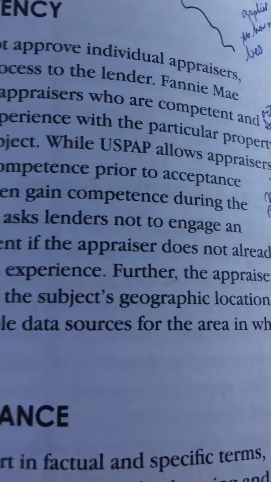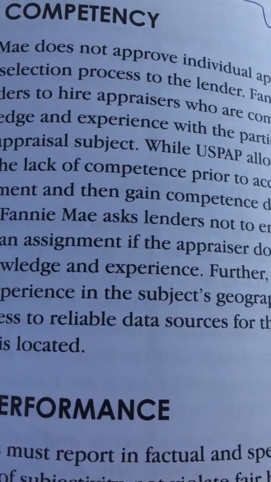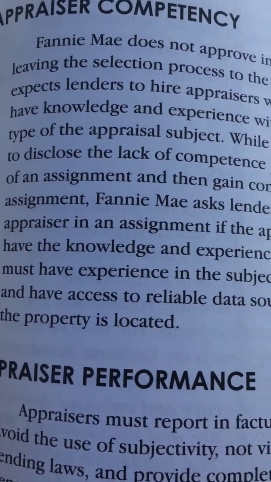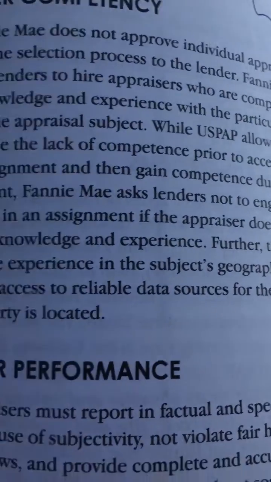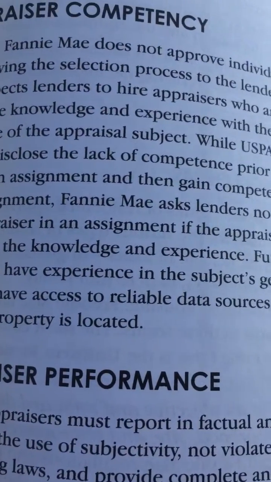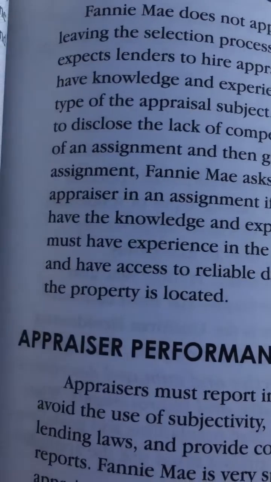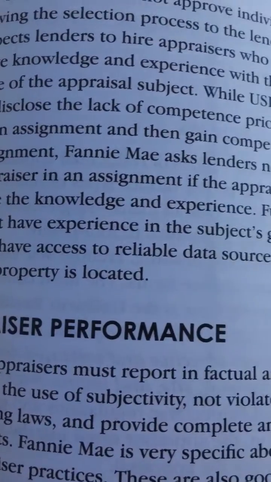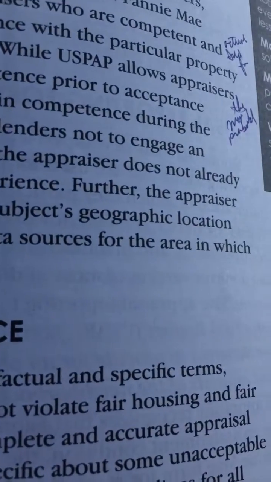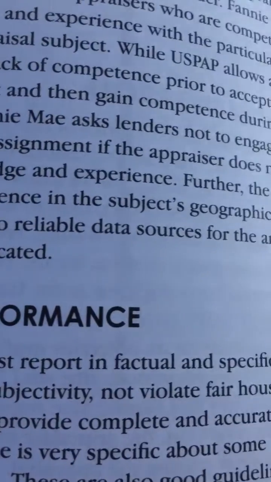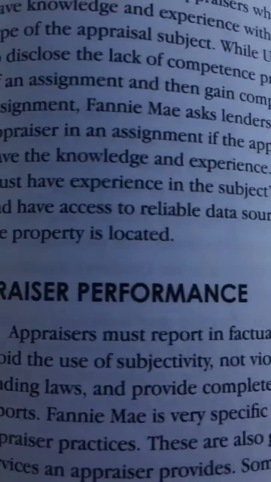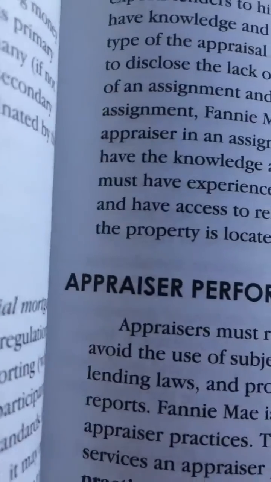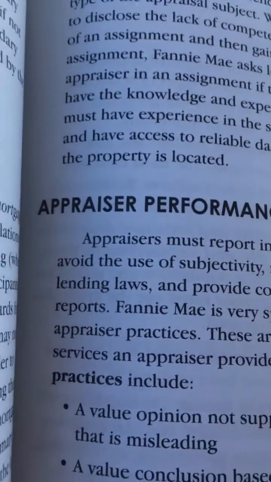While USPAP allows appraisers to disclose the lack of competence prior to acceptance of an assignment and then gain competence during the assignment, Fannie Mae asks lenders not to engage an appraiser in an assignment if the appraiser does not already have the knowledge and experience. Further, the appraiser must have experience in the subject's geographic location and have access to reliable data sources for the area in which the property is located.